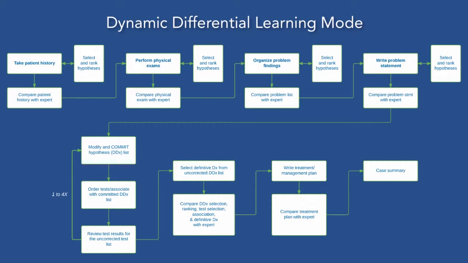The following video takes you through an iHuman case in the dynamic differential advanced learning mode. This mode incorporates both the dynamic differential function as well as multiple test hypothesis modification iterations, thus hewing more closely to an experienced clinician's diagnostic reasoning process.